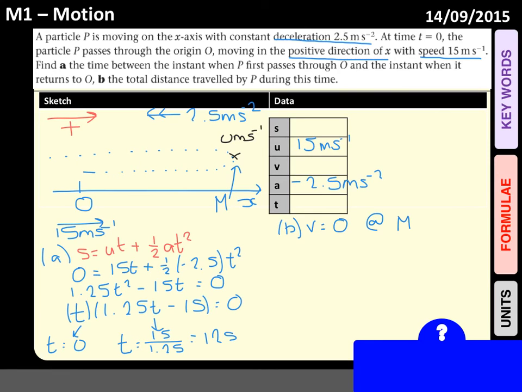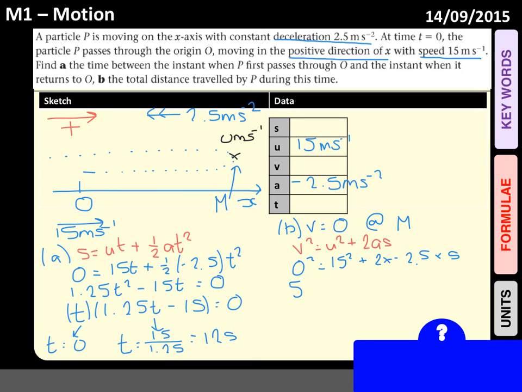So we're going to use v squared equals u squared plus 2as. Subbing in our values, so v at that point M is 0 equals 15 squared plus 2 times minus 2.5 times our displacement s. Okay, so we're going to use our calculator and do a bit of rearranging.